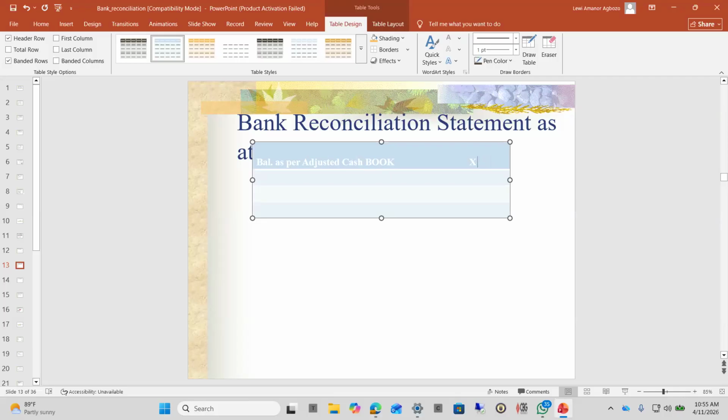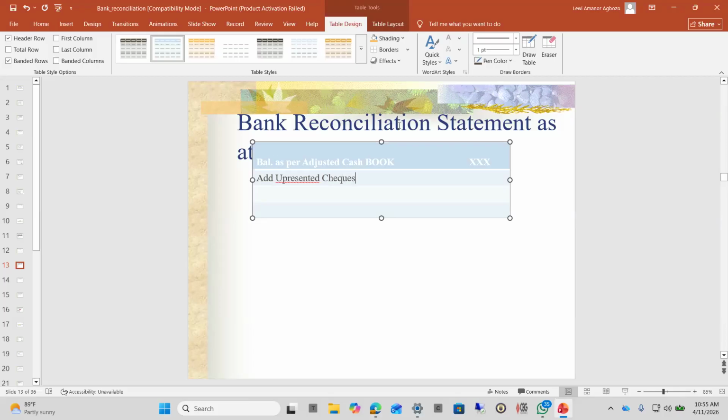Let's say this is the figure. You add what we call unpresented checks.